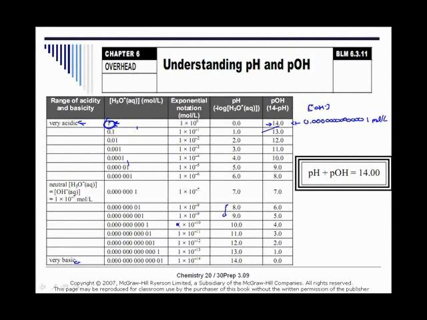It's going to be the same thing that happened with our basic solution and our hydronium ions. So there's a relationship between the two. If we want to convert between the two, we can find the pH and then add or subtract it to 14 to get the pOH, and vice versa.